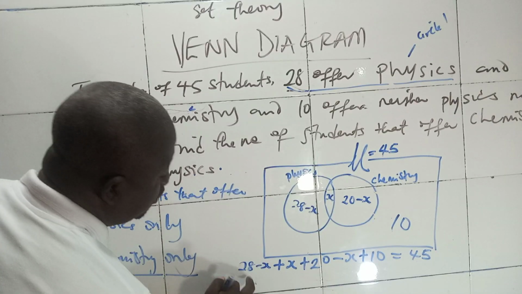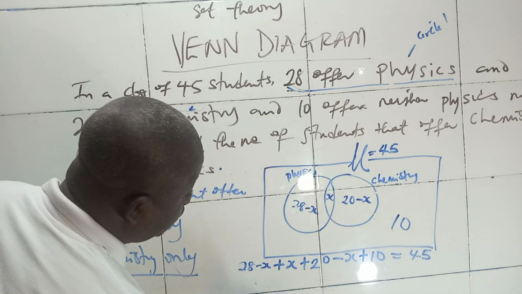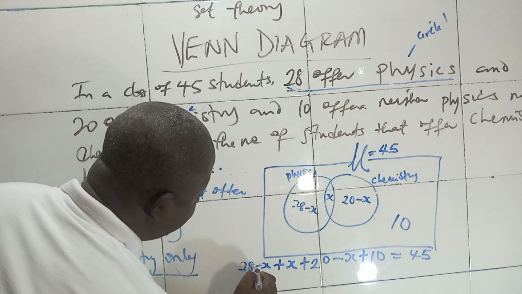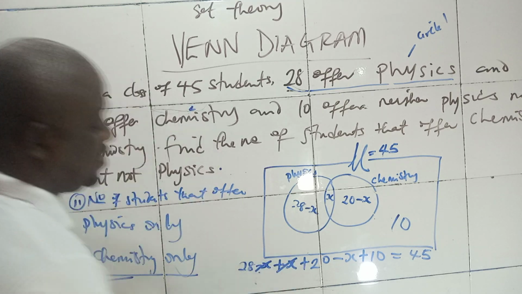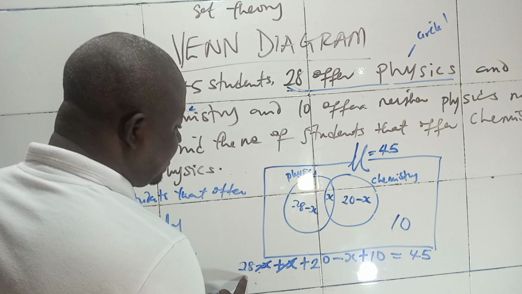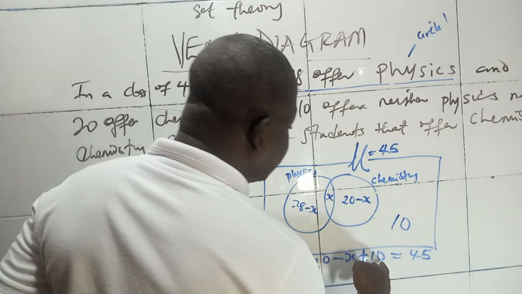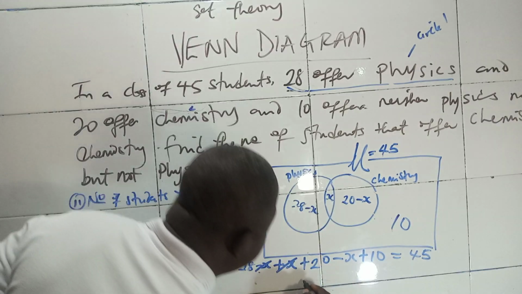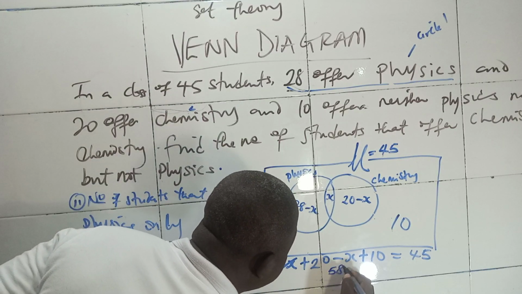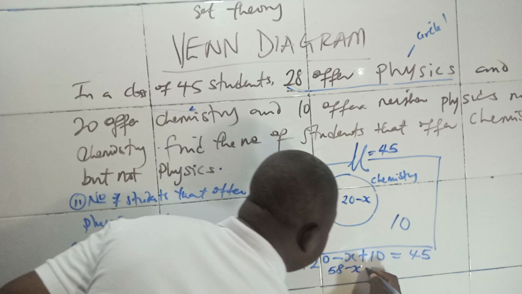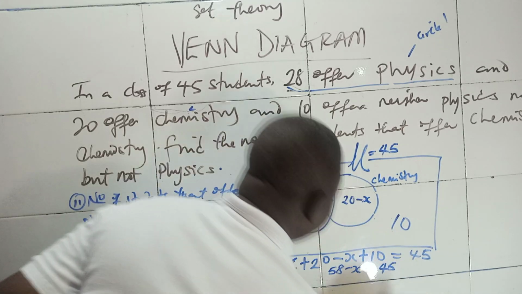So we now have this, and note, one x will definitely cancel out. Minus x cancels out plus x. So I have 28 plus 20, that is 48. 48 plus 10, that is 58. So I have 58 minus x is equal to 45.